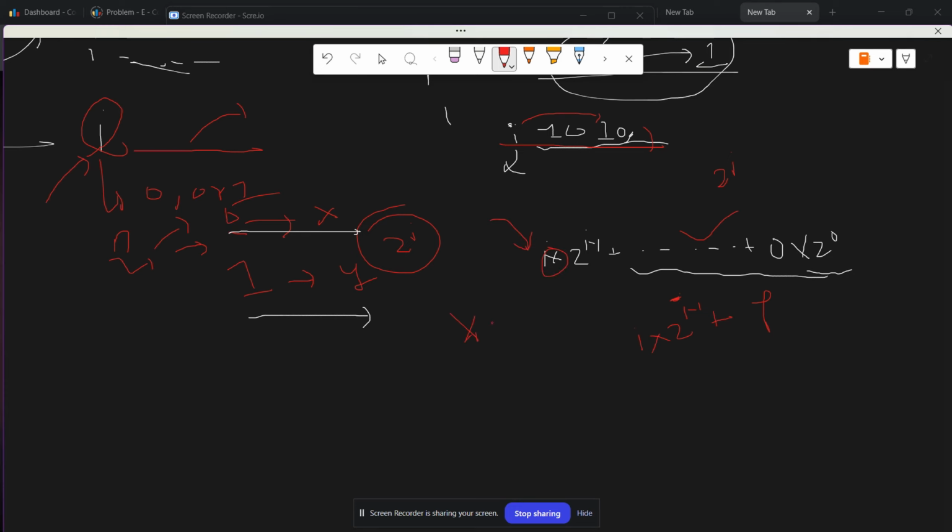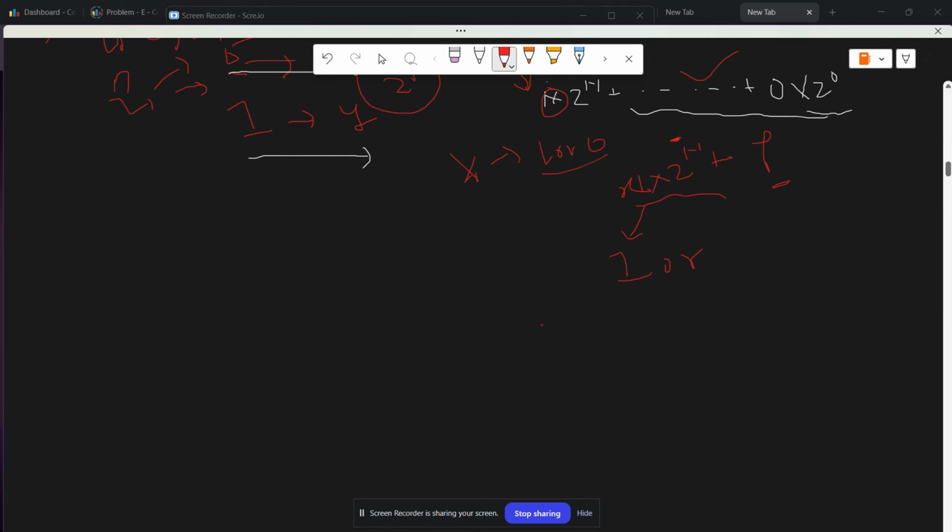X can be simply either 1 or 0 at the ith place, since it is a binary representation. So this will be x into 2 raised to i minus 1. For some this will be 1, and for some this will be 0. The rest, p, is the same in both.